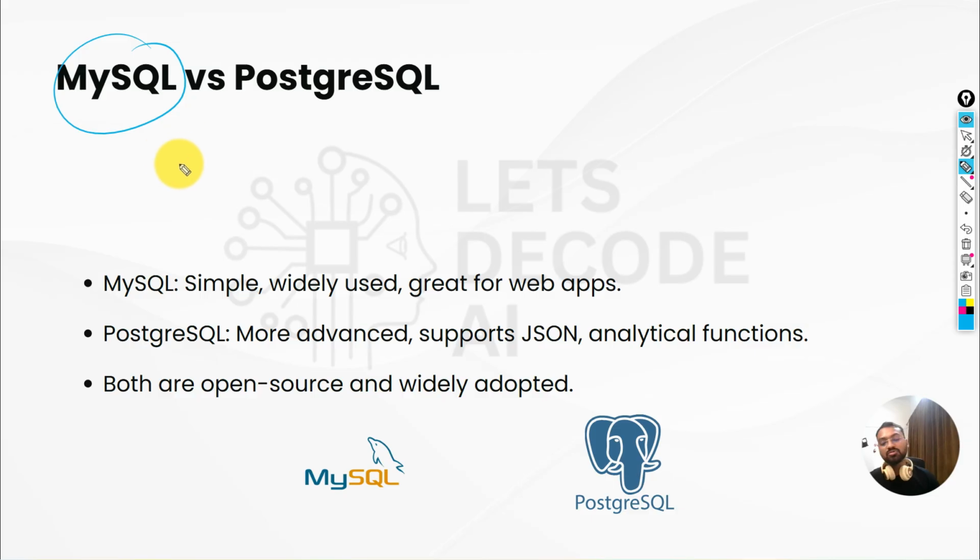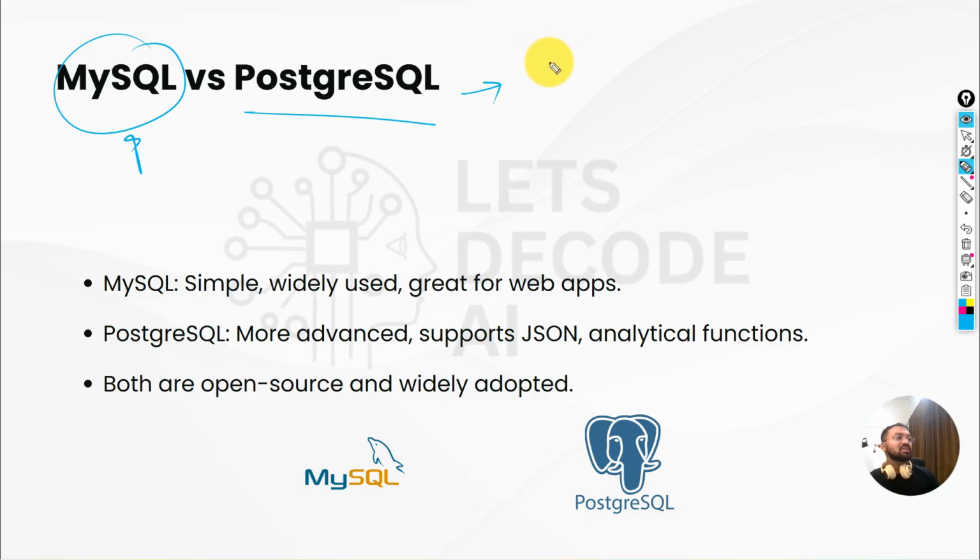So almost 70 to 75% of all the web applications that you access are based on MySQL. On the other hand, PostgreSQL is a little bit more advanced. It supports more complex queries, analytical functions, and even some advanced integrations and extensions.